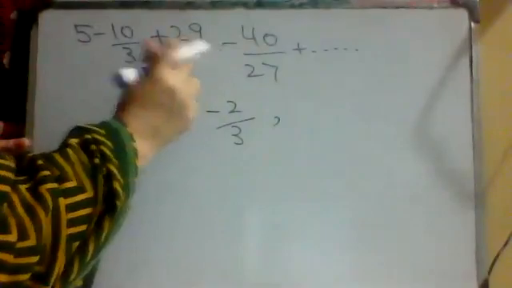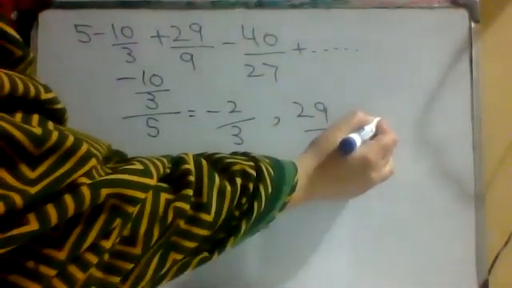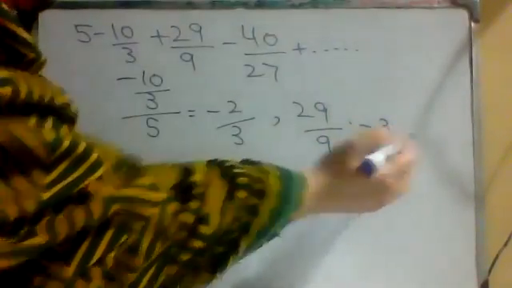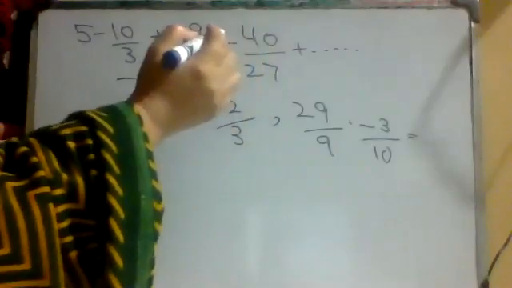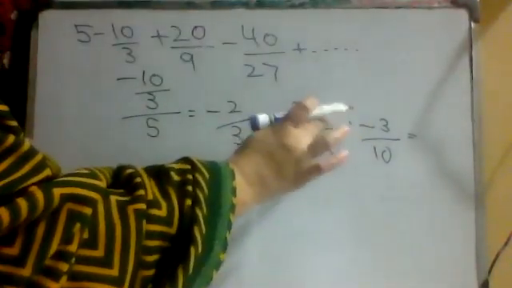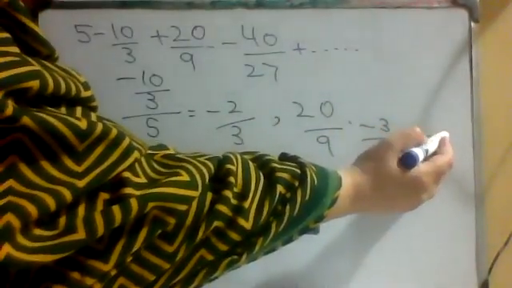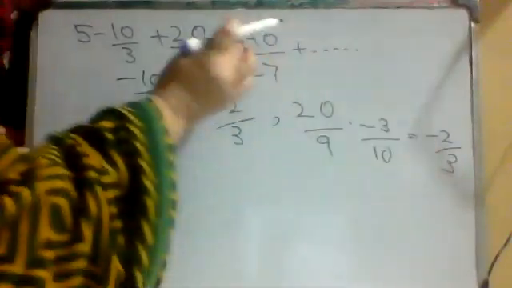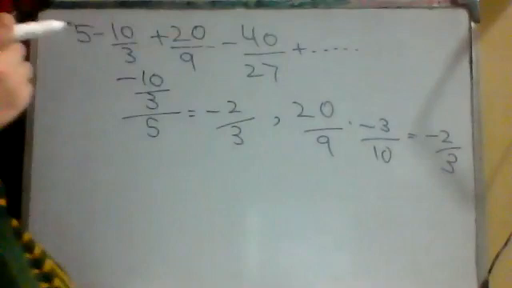If I divide the third term with the second term, I will get, no, this is not 29, this is actually 20, so I will get minus 2 over 3. Similarly, if I divide minus 40 over 27 by 20 over 9, I will get minus 2 over 3.